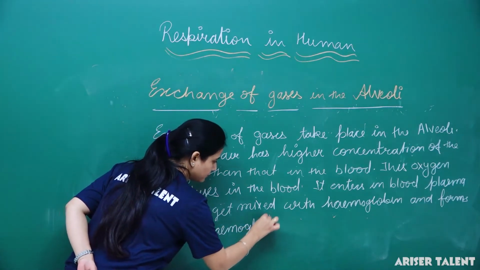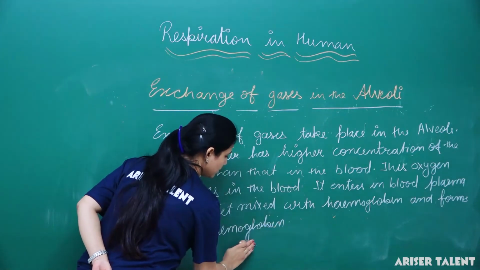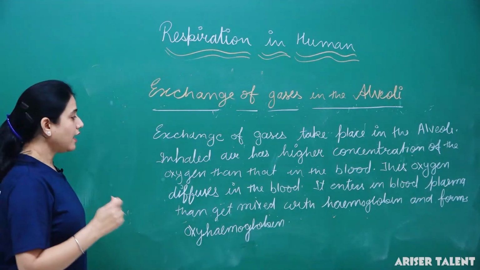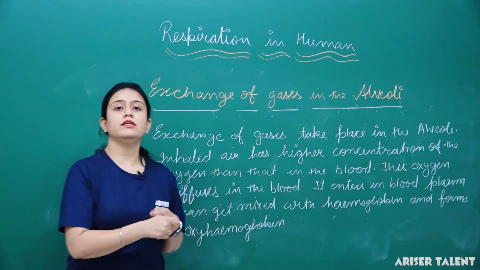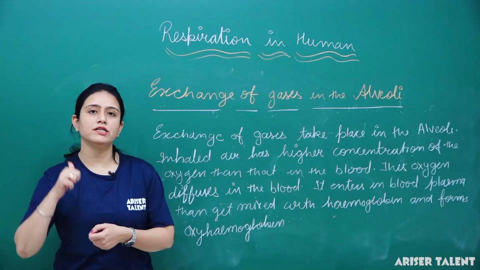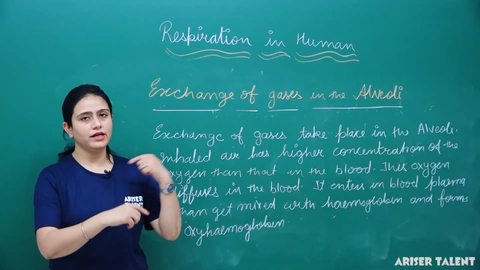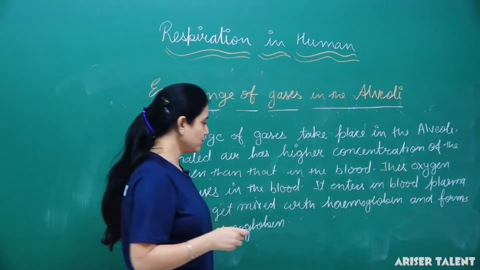Carbon dioxide, which was there in the blood in higher concentration, is released into the alveoli and then it is exhaled out.